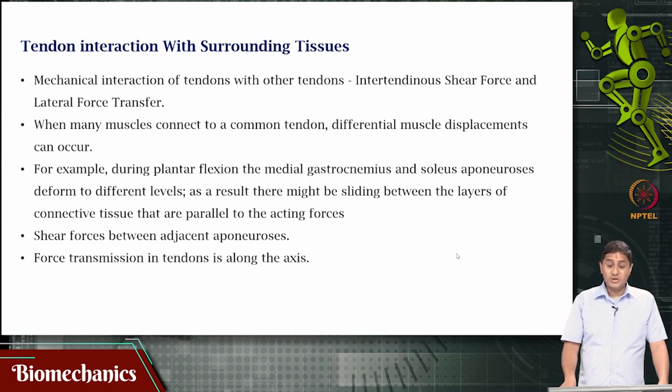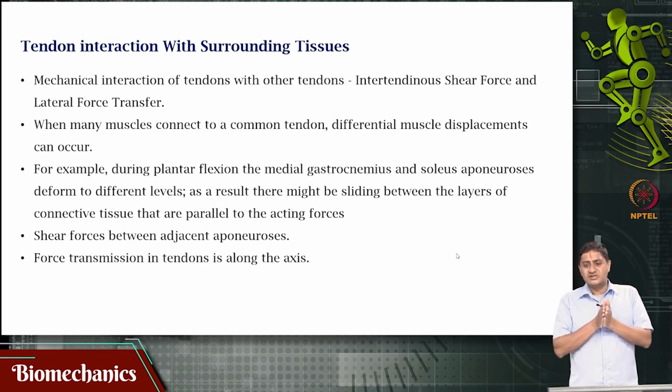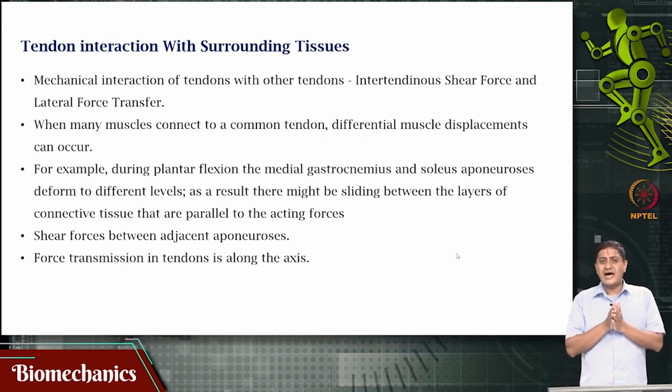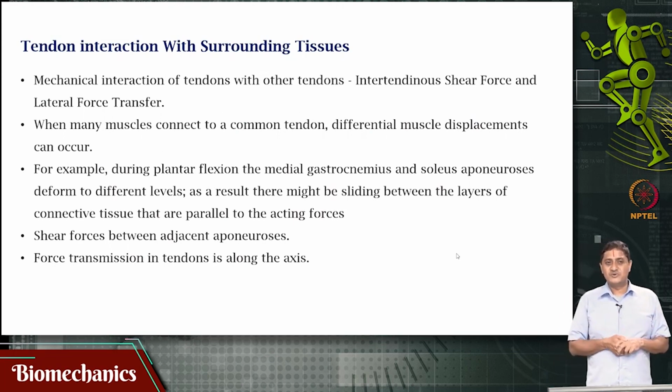For example, during plantar flexion, the medial gastrocnemius and soleus aponeurosis, they deform to different levels. Because of this, there might be some form of sliding between layers of connective tissue that are parallel to the acting forces. This sliding causes shear forces between aponeuroses that are adjacent, next to each other.